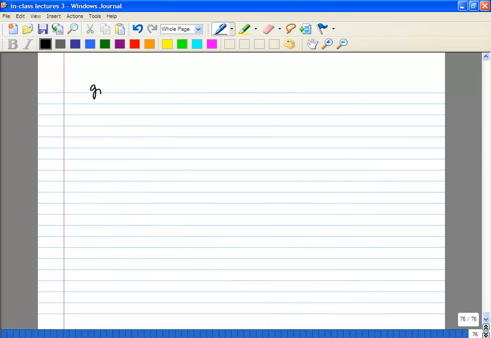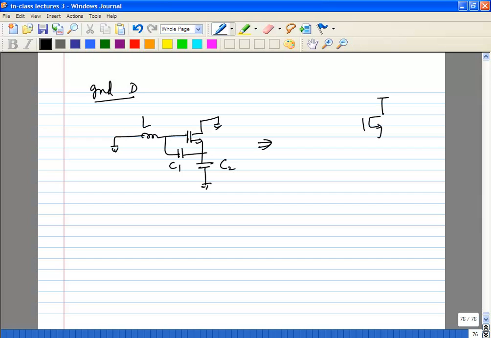And of course the third, you can ground the drain. So basically what you're doing is you're using a common collector, common base, common gate or common source.